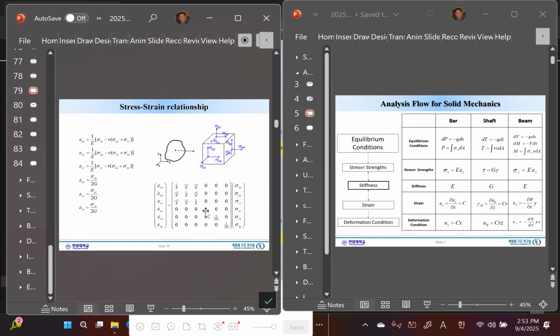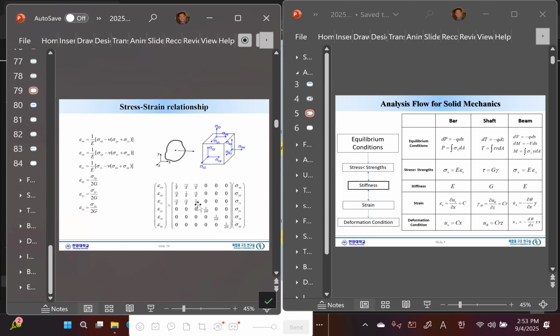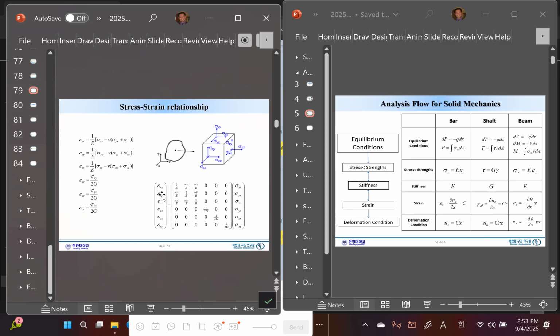As you can see, this one is like the deformation. Rather than F equals Kx, this is x equals 1/K times force.